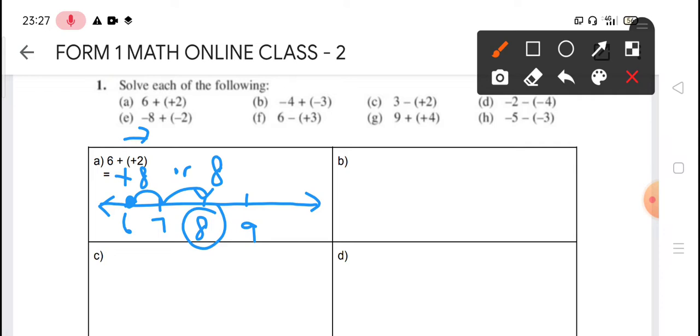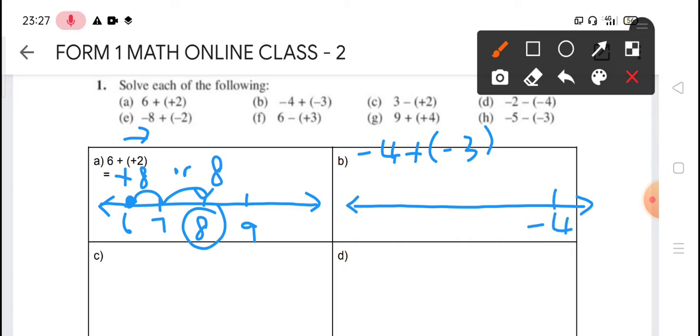Question B, negative 4 add with negative 3. To do this number line, you must be very careful, because with negative values the biggest number is the smallest value with the negative sign, the opposite way. We start from negative 4.